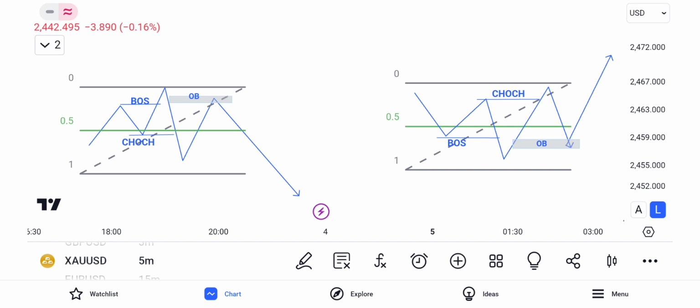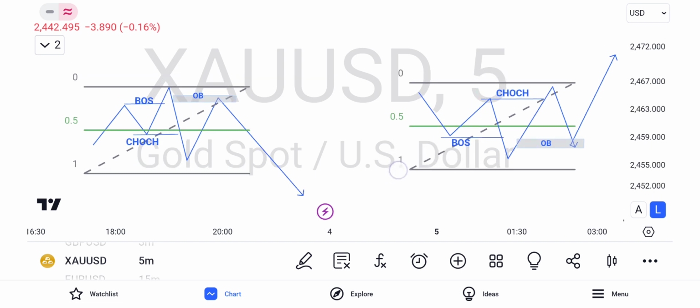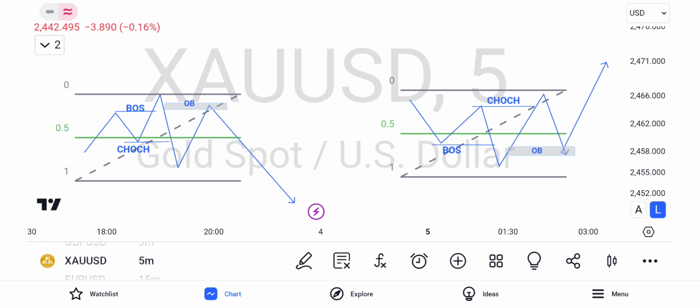Our main focus is to review what happened in the market during the NFP period and how it aligned with our strategy.